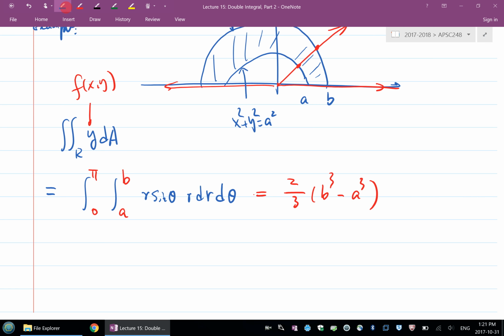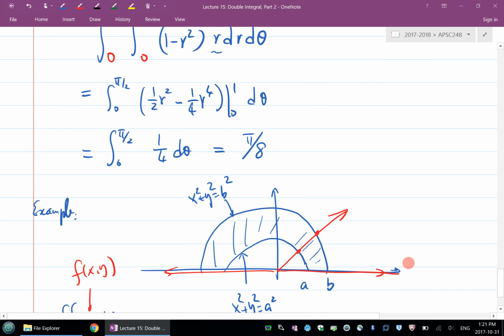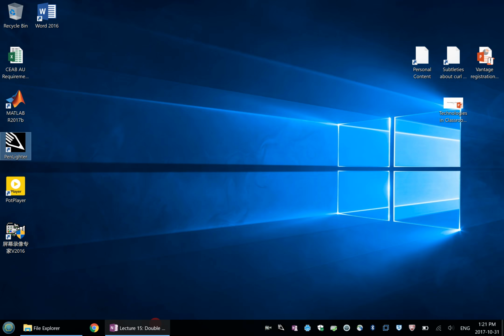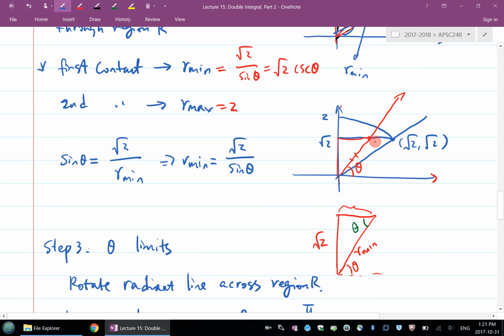Okay. The only trick question for double integral polar is this kind of question: you are given an irregular circular type of region, and you are required to find R min and R max, but the R min or R max is not a constant.